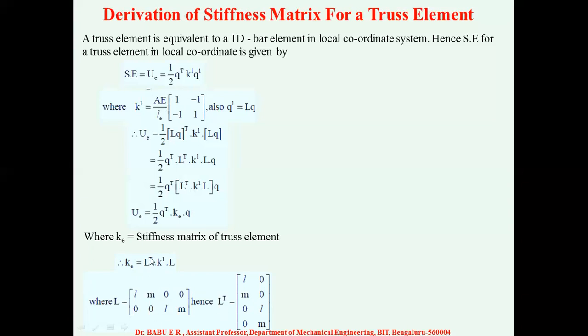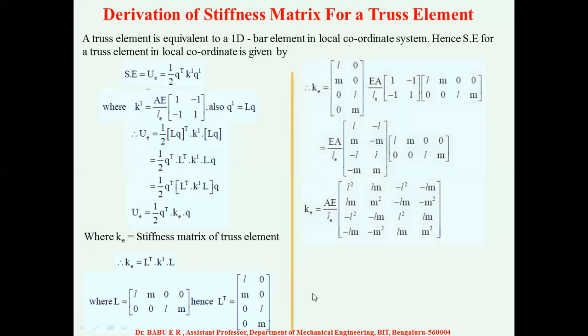Now you substitute everything into this equation. So we get L transpose, L 0 M 0 0 L 0 M, into AE by L, 1 minus 1 minus 1 1, into Lm 0 0 0 0 Lm.